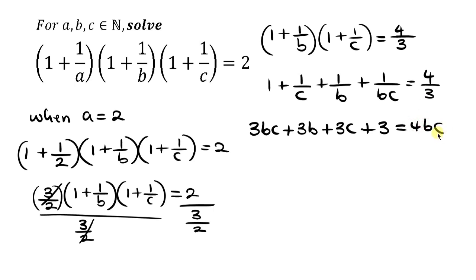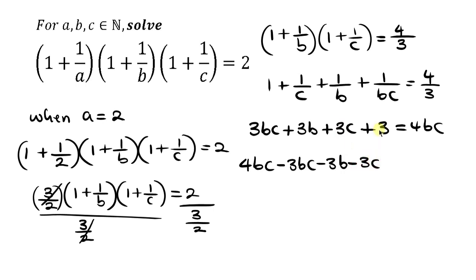Our next step is to move everything to one side. I'm going to be moving what is on the left hand side to the right hand side. So I've already got 4BC. When I move 3BC to the right, it becomes minus 3BC. When I move 3B to the right, it becomes minus 3B. When I move 3C to the right, it becomes minus 3C.